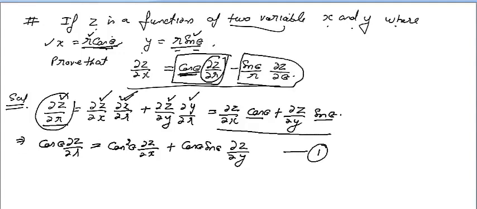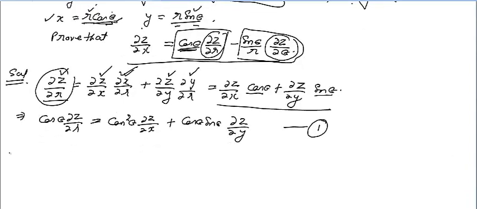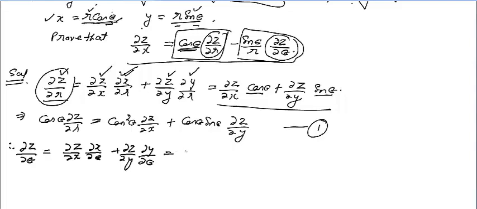To get this term I will find ∂Z/∂theta. Therefore ∂Z/∂theta, because Z depends upon X and Y and X and Y depend upon theta, so ∂Z/∂X and ∂X/∂theta, and ∂Z/∂Y and ∂Y/∂theta. Now ∂Z/∂X will be as it is.